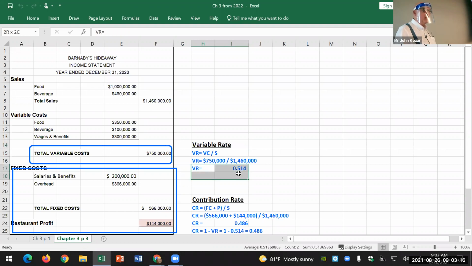And then we get this variable rate of 0.514. We're always going to take that out to 3 decimal points, and we're not going to write it as a percentage. So whenever we see a number out to 3 decimal points, we're talking about some type of rate as opposed to a beverage cost percent or labor cost percent.